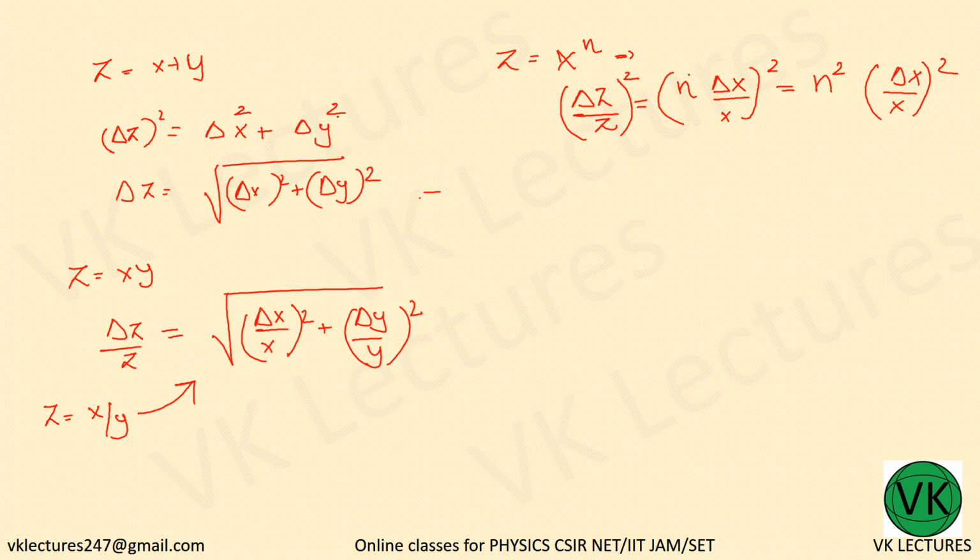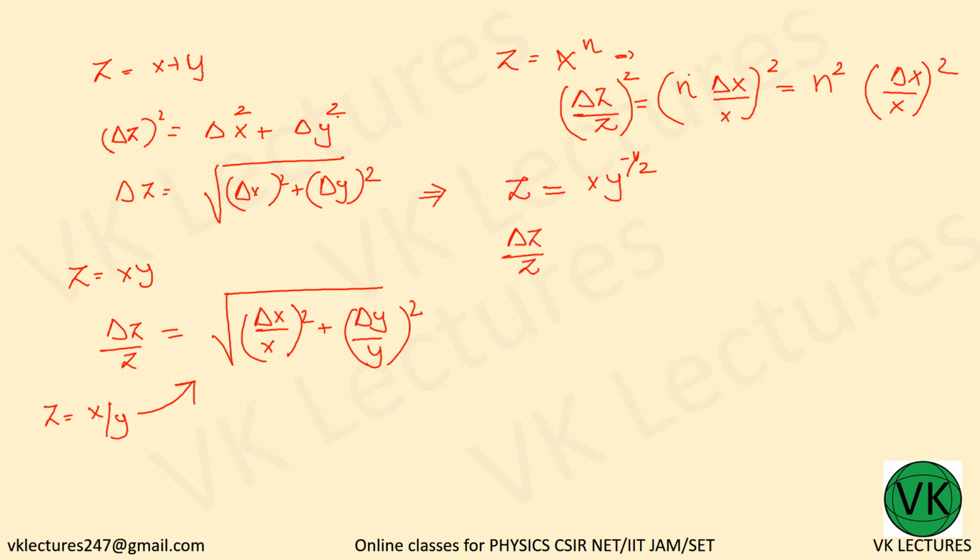Now let us see. Suppose I give you a question like this: z is equal to x y to the power minus half. Now I want delta z by z.